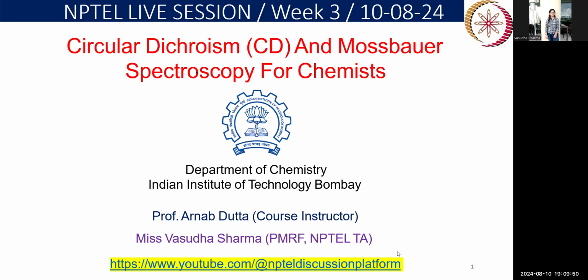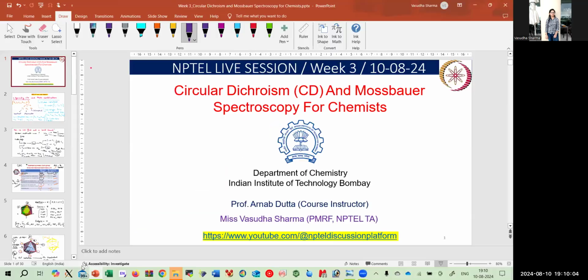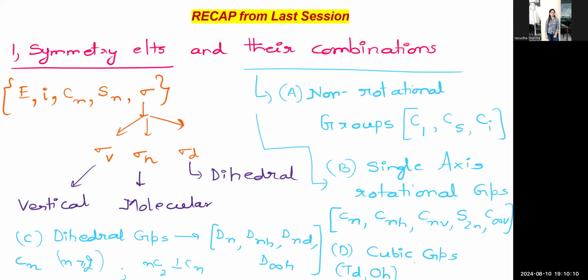So what we started with: symmetry elements and their combinations, which we have already seen, talking about identity, inversion center, Cn, Sn, and so forth, and their combinations, non-rotational groups, single axis, dihedral, and cubic groups.